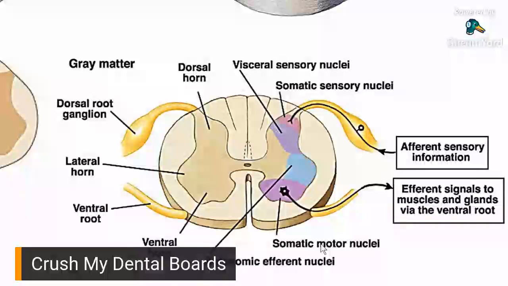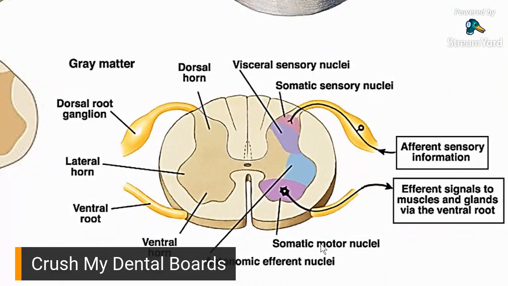So tatandaan nyo lang, anong horn ng spinal cord ang motor? It's ventral, AVM. Kasi minsan hindi nila sasabihin na ventral horn. Sasabihin nila anterior horn. So that's why you have to know A and V are equal. Anterior and ventral, they mean the same.